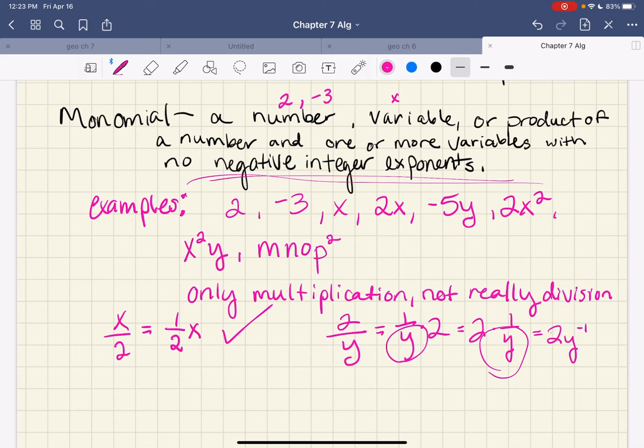You also might notice that there's no addition or subtraction. Addition and subtraction, and some cases of division, are what divide up monomials when they are put together.